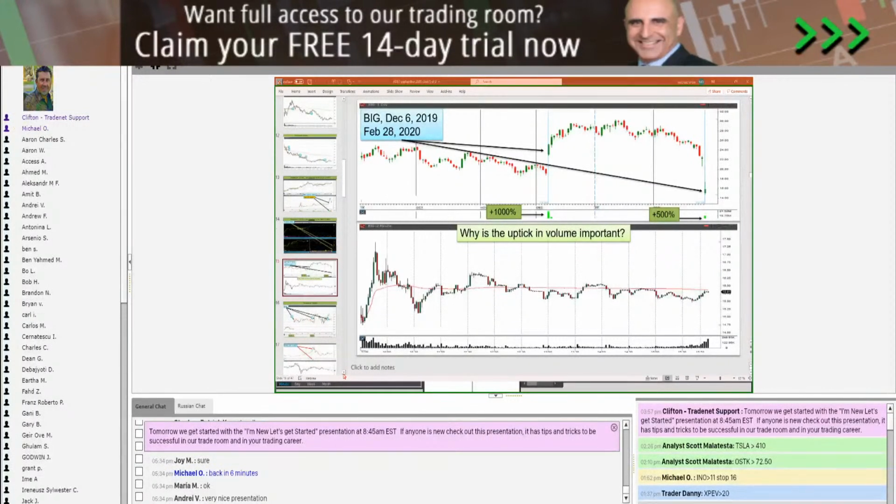Now, we can trade, and we probably will trade, a stock that doesn't necessarily have an uptick in volume if the intraday trend is clear, but we will trade it with better confidence if we see also on top of that the uptick in volume.